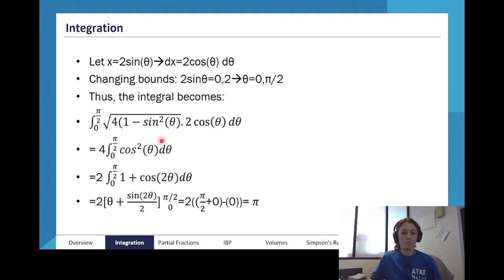Once we've changed the bounds, we now need to apply this to the integral. So we've put our new bounds into the integral, and then we've subbed in our substitution. We have our 2 cos theta d theta, which is our sub-in for dx. So we have this, and this is coming down here.